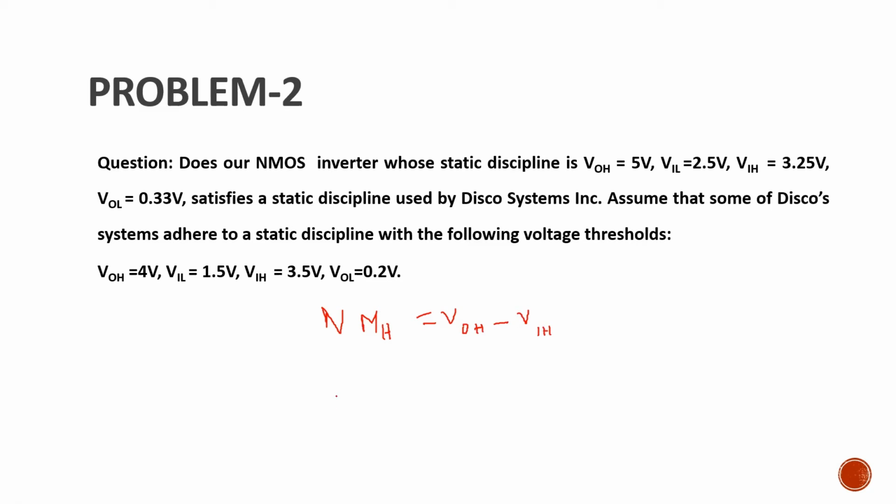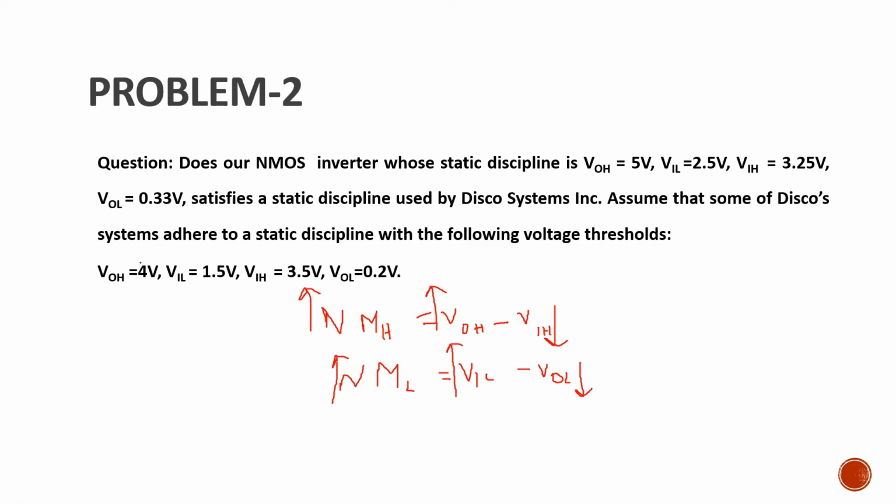Similarly, noise margin low is VIL minus VOL. Yeah. For better noise margin, VOH must be maximum, VIH must be minimum. NML is for better low noise margin. VIL must be maximum. VOL must be minimum.